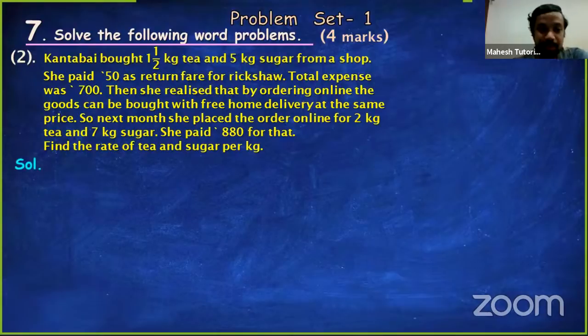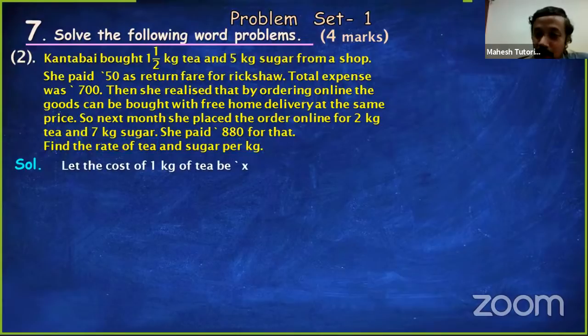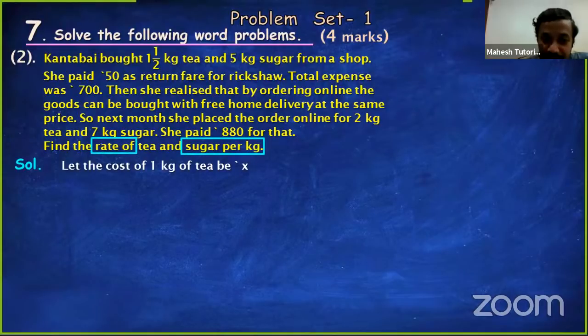Now, students, focus on the last statement which has been given to us in the question. The question is asking us to find two things. The very first one is the rate of tea per kg, meaning what is the cost of 1 kg of tea powder. So let us assume the rate or the cost of 1 kg of tea be rupees X. Similarly, the second thing that the question is asking is, what is the rate of sugar per kg?